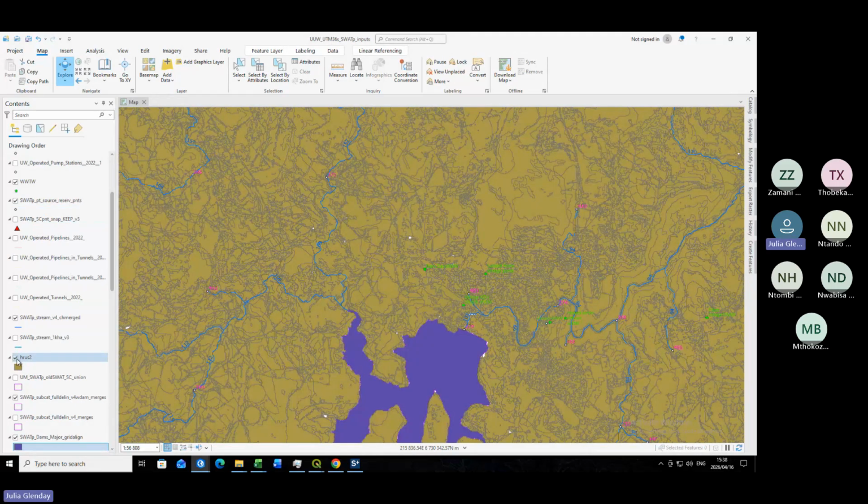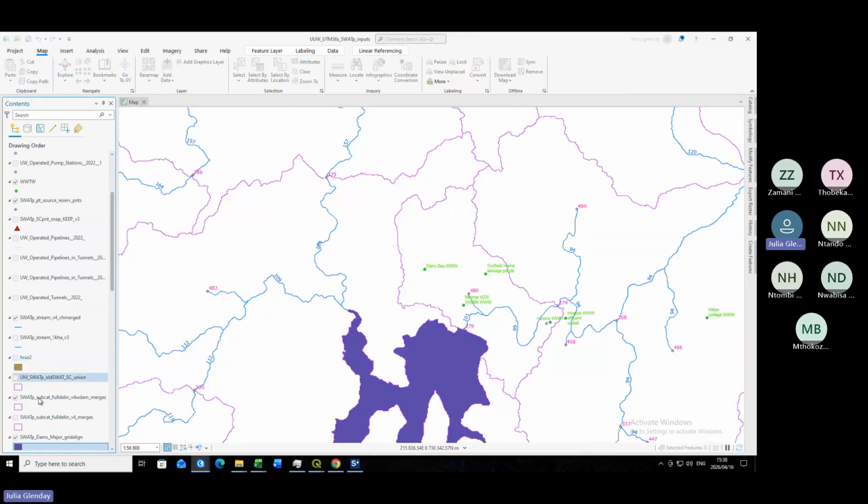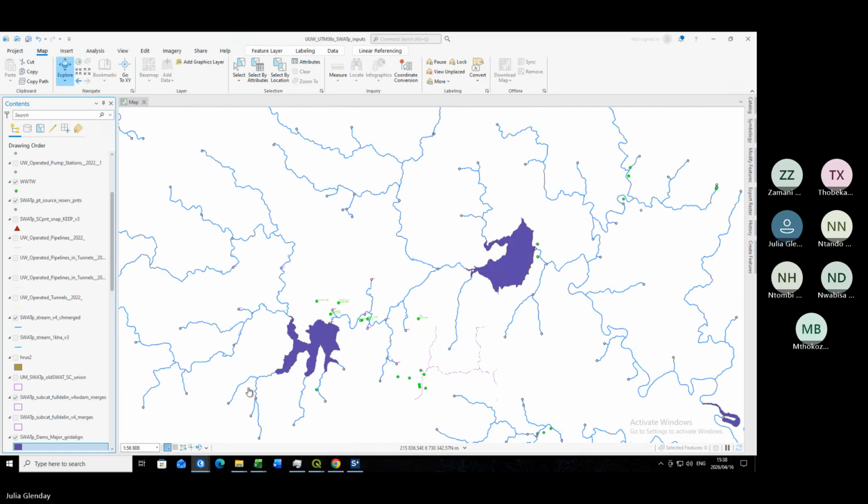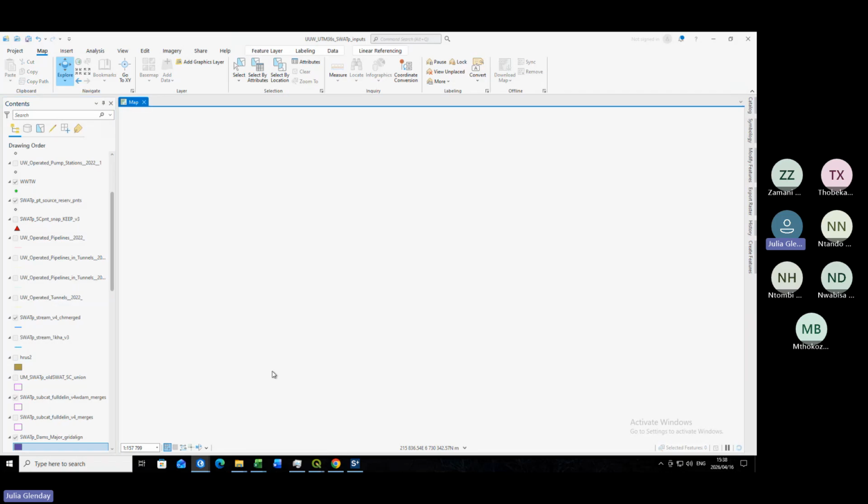I've got this shape file that is a bit too big, so it takes a long time to turn it off. There we go. Okay. If I go to that area I was talking about.